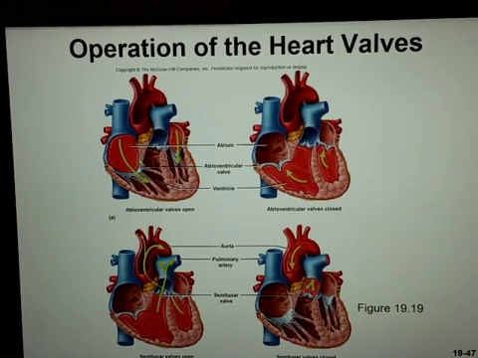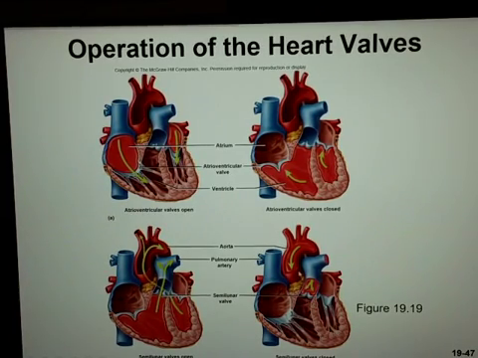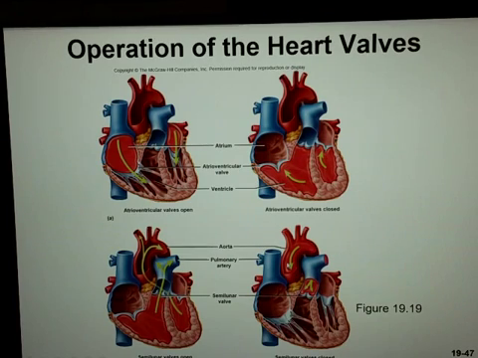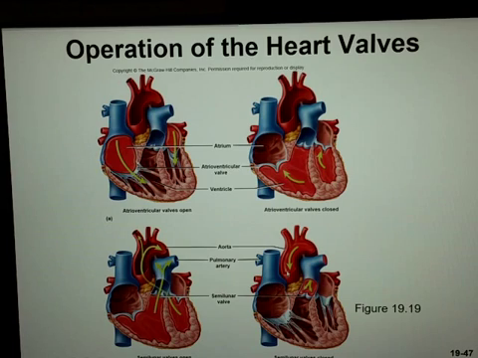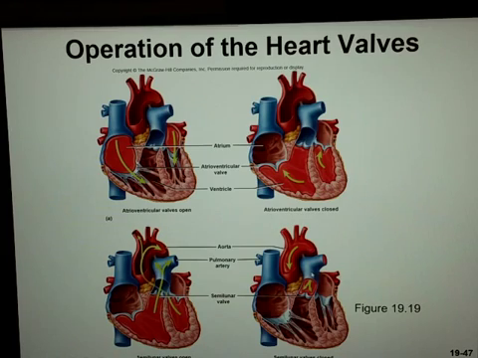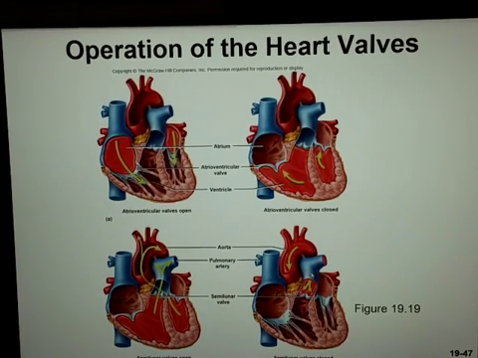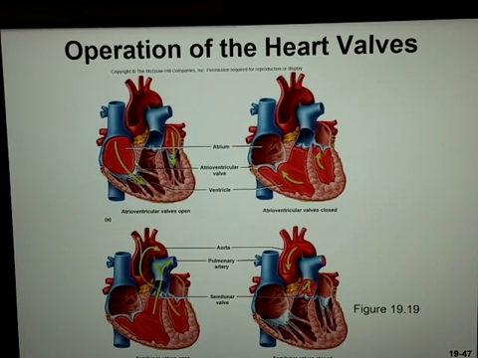When the pressure begins to decrease, the valves are going to close, and that keeps the blood from backflowing into the ventricles of the heart, and now it will begin its passageway into either the systemic circuit or into the lungs. So those heart valves are extremely important in the blood flow, and the pressure gradients affect those heart valves.